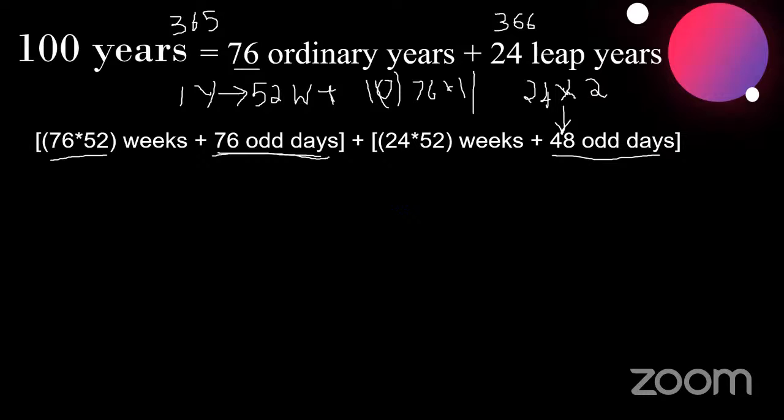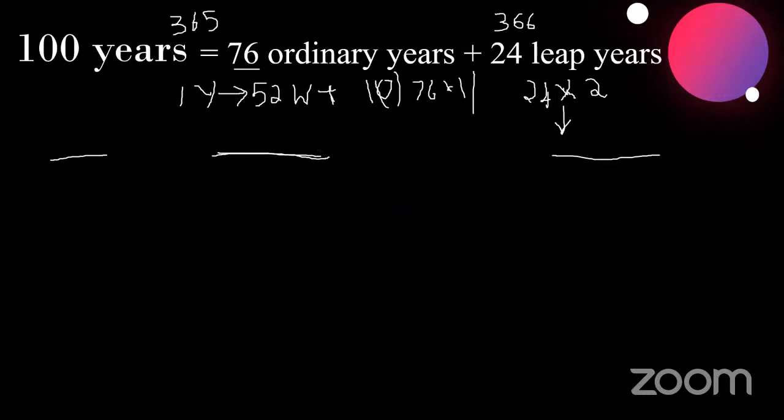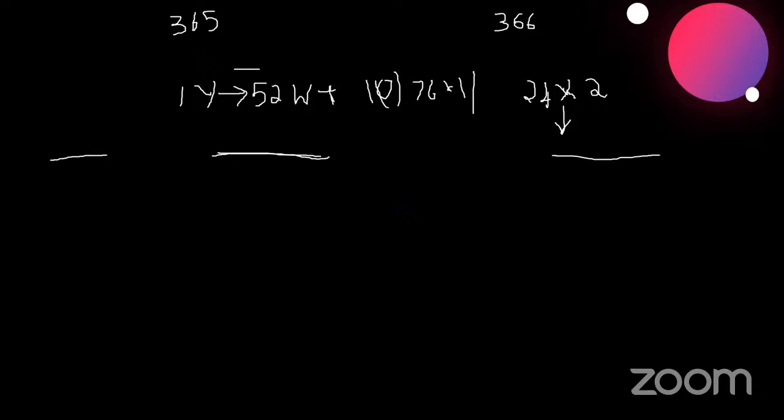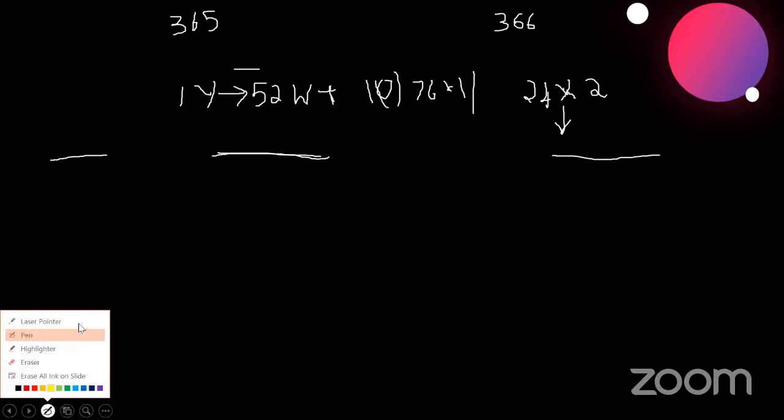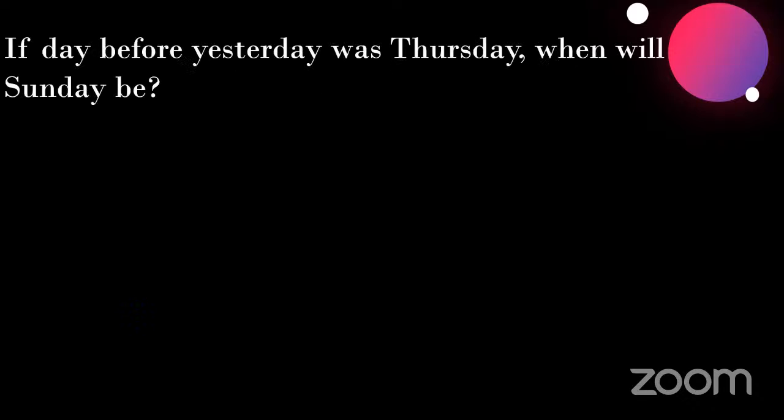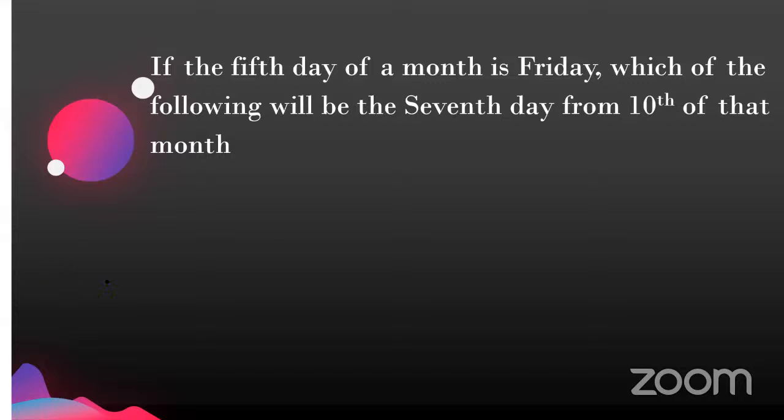Ma'am, one doubt. Yes, Kana, what is the doubt? Ma'am, for 28, how does it come? You're asking about this one.